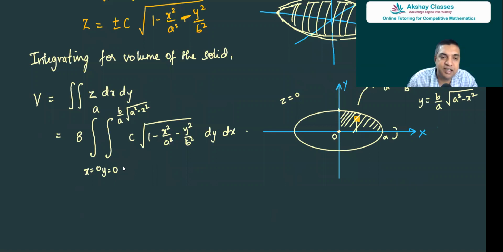First integral is with respect to y. So this is 8 times integral 0 to a, c you take outside. Now integral of a square minus y square.